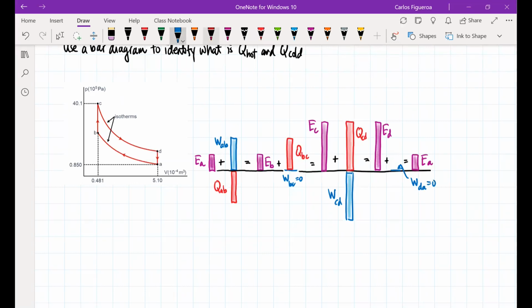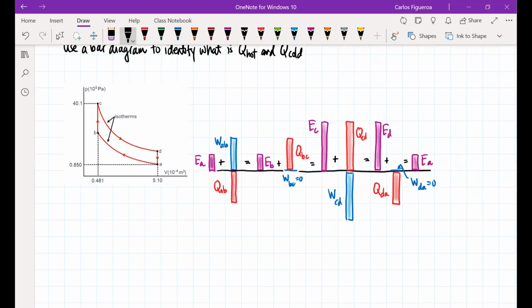So the only way I can get down is if I take this guy down by 2 squares, where this is my heating between D and A.